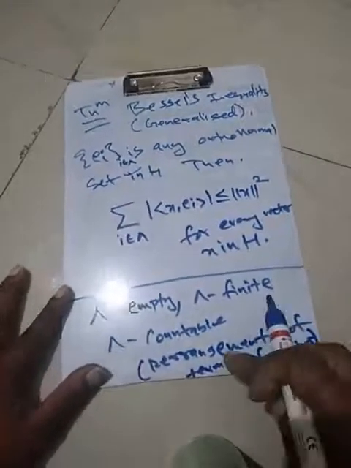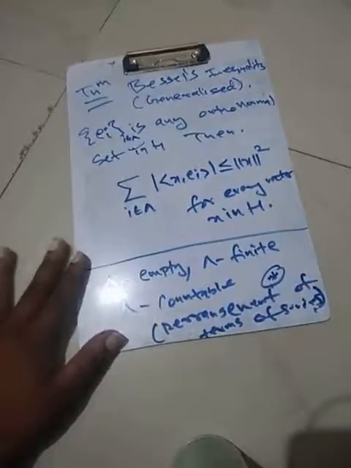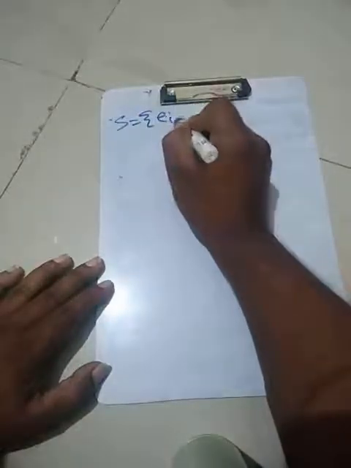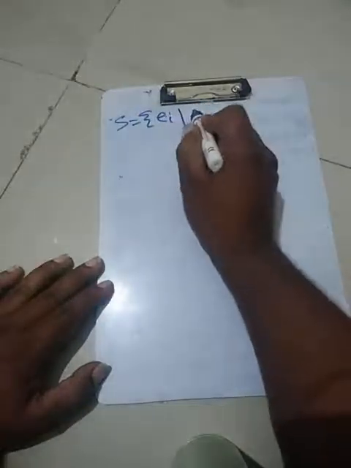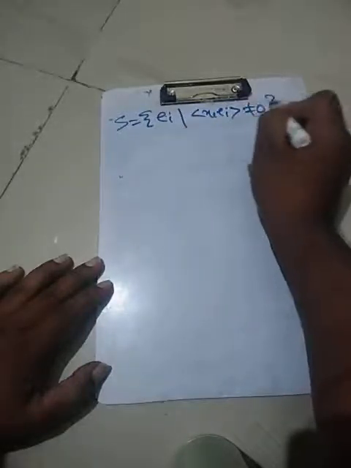So lambda at most can be countable, and this is the most important part, to look at rearrangement. The set S is the collection of all those e_i such that the inner product of x with e_i is non-zero.